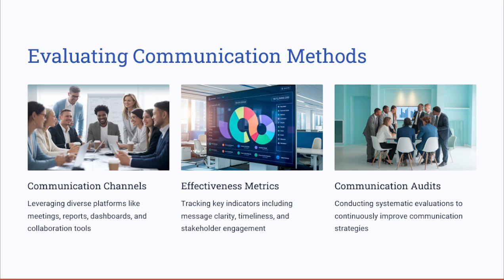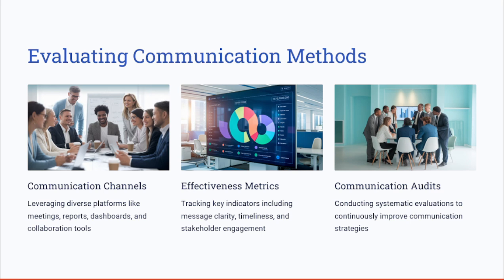So to evaluate the communication effectiveness that you and your stakeholders are performing, you use metrics, including message clarity, by asking yourself or the stakeholders, were these messages clear and understood?